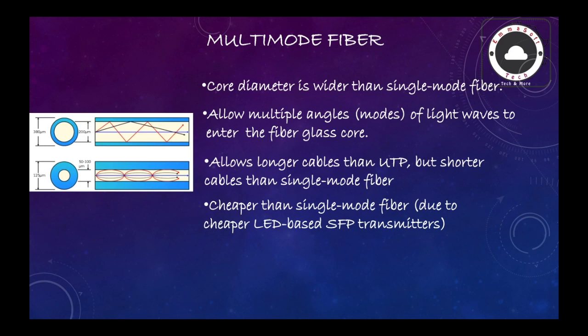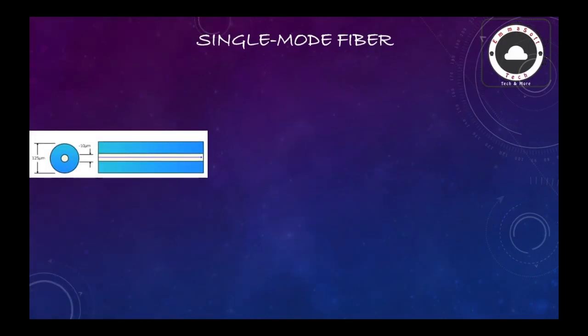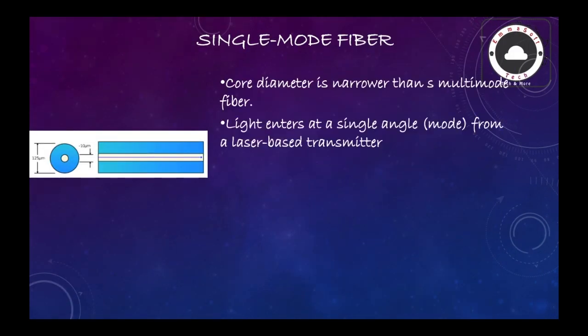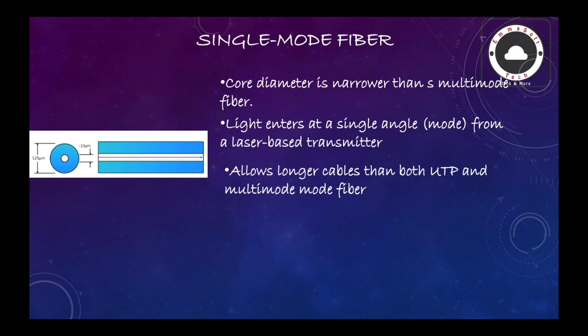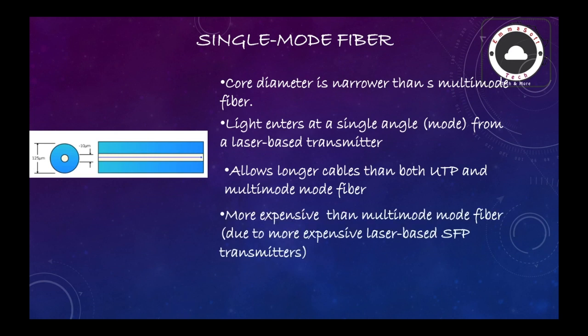Then they are cheaper than single mode fiber because they use cheaper LED based SFP. Then for single mode, the diameter is narrower than the multi-mode fiber, and light enters at a single angle from a laser-based transmitter, and then it allows longer cables than both UTP and multi-mode, and they are more expensive because they use laser-based SFP.